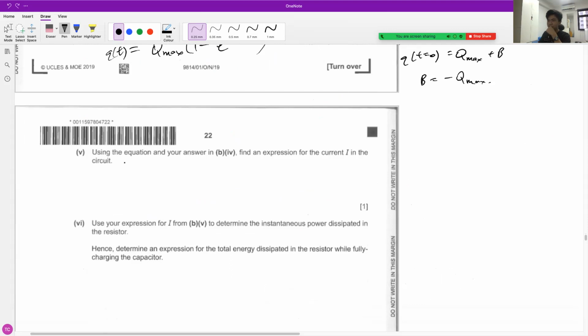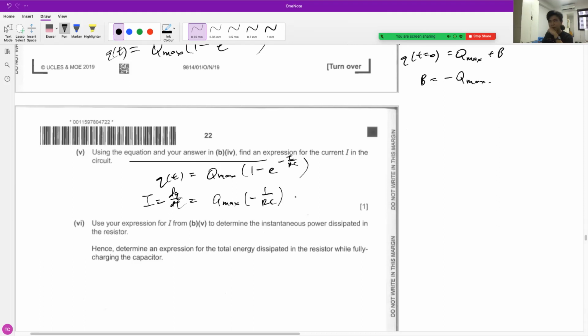Okay, so using your equation here, find the expression for I in the circuit. As we know, since Q of t equals Q max times 1 minus e to the power minus t over RC, your I is just the derivative of Q with respect to time, which equals Q max times minus 1 over RC e to the power minus t over RC.